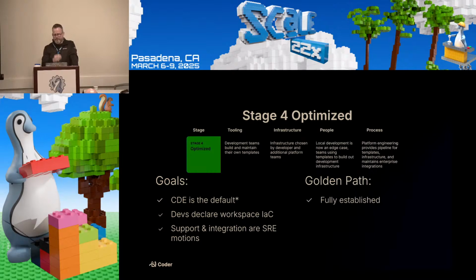And the golden path for this stage is fully established, meaning you should know where you are and where you're going with your golden path at this point. However, it is an infinite game. Everything should be pipelinable, and this goes right along with devs declaring their own workspace declarations.